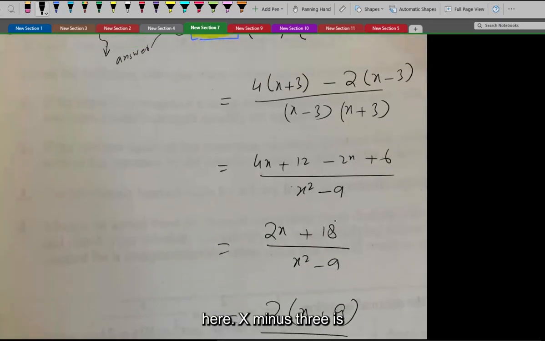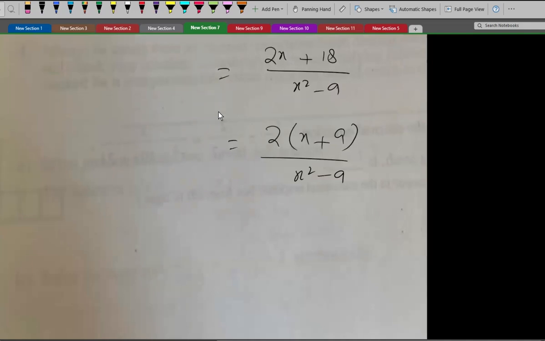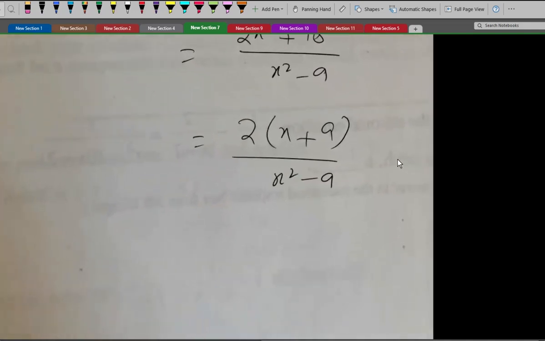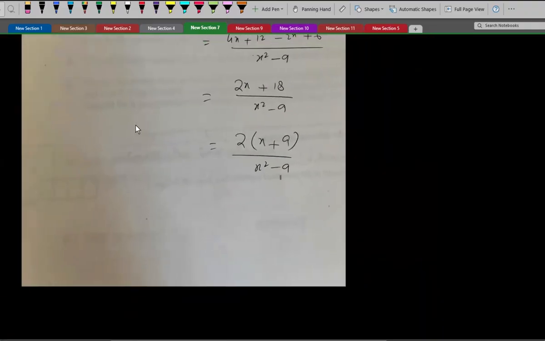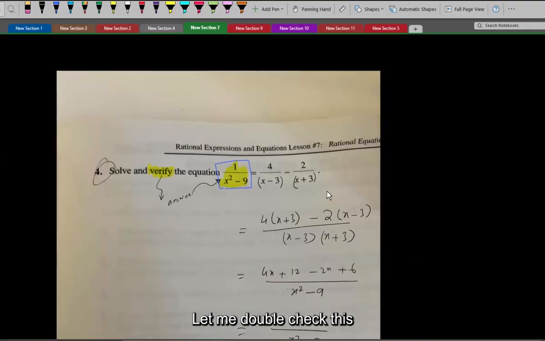I think we need to focus here. X minus 3 into x plus 3 is x squared minus 9. Let me double check this question. Okay.